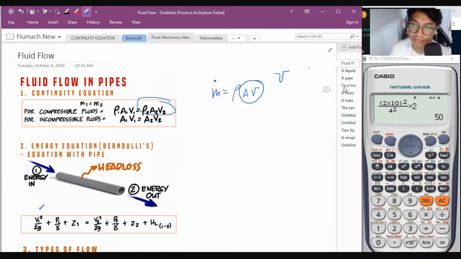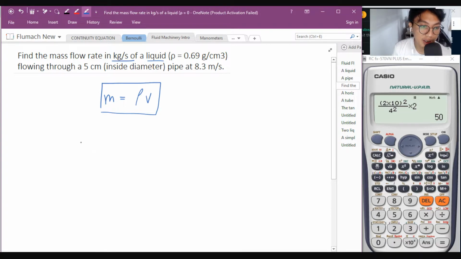Okay? So, mass flow rate is equal to density of the fluid multiplied to area of the flow times the velocity of the flow. Mali yung ano ko. Velocity of the flow. Yan. So, what is the density of the fluid? 0.69 grams per cm cube.